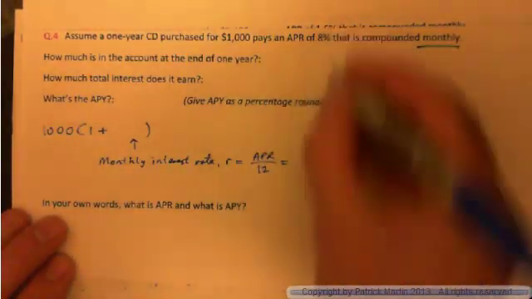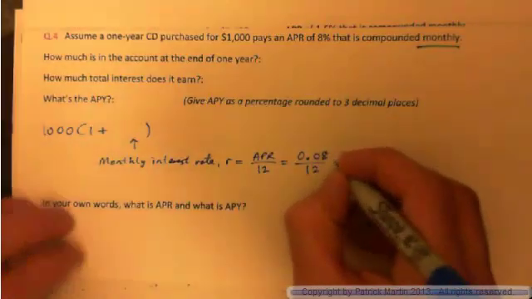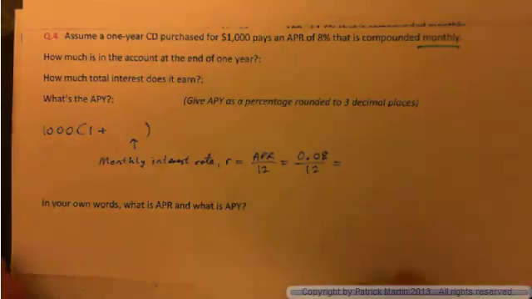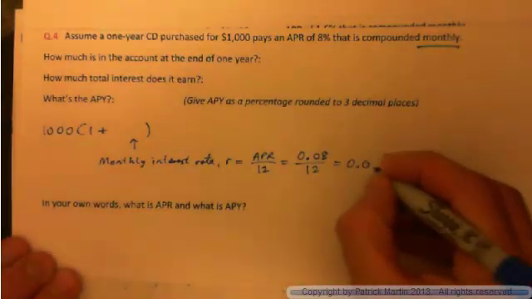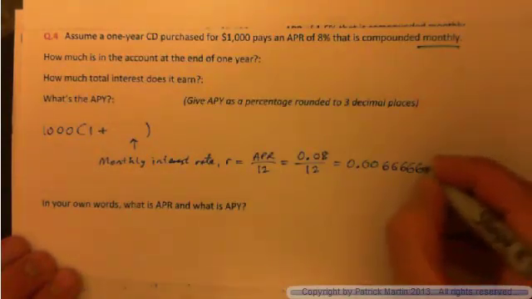Now APR is 8%, or 0.08. Divide that by 12 and what do you get? 0.006666667, etc.